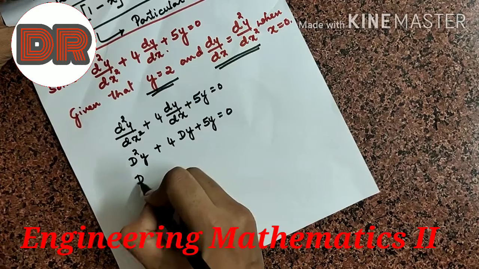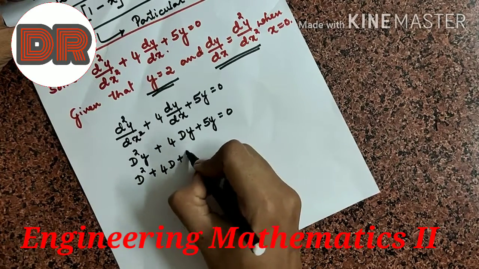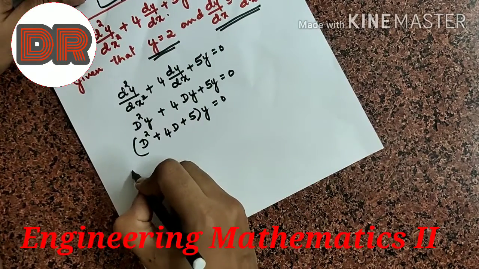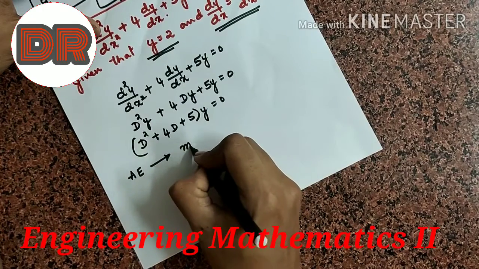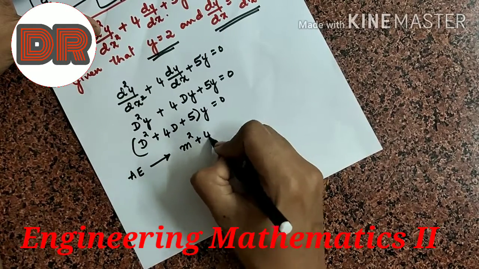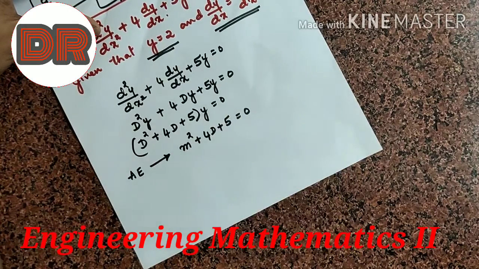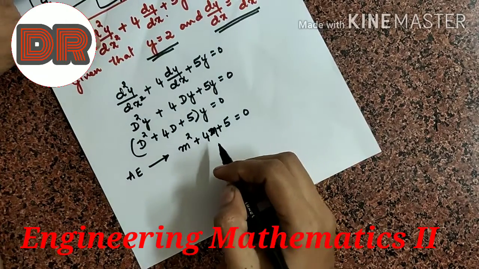Now let me simplify this. So it is d square plus 4d plus 5 into y is equal to 0. Now the auxiliary equation is m square plus 4m plus 5 is equal to 0.